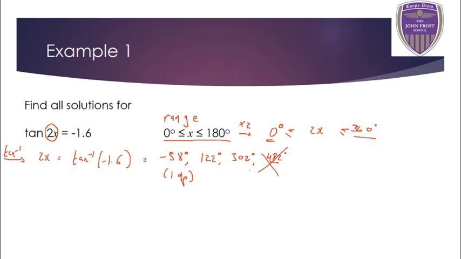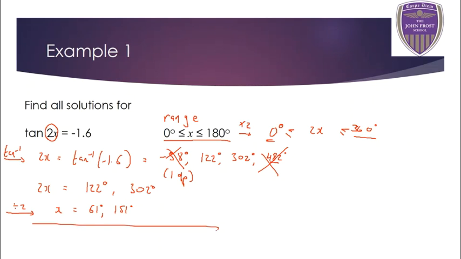And negative 58 was also not in the range, so I'll get rid of that. So now 2x is 122 degrees or 302 degrees. To get back to x, you need to divide by 2. So x is equal to 61 degrees or 151 degrees. And then we are done. That's example 1 finished.